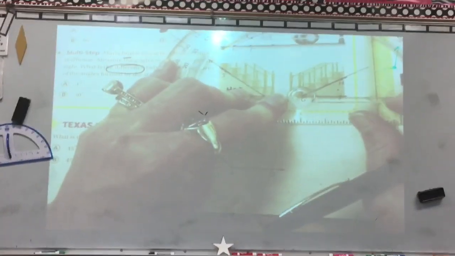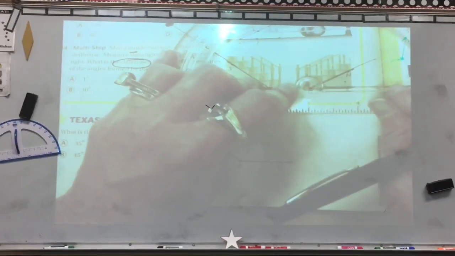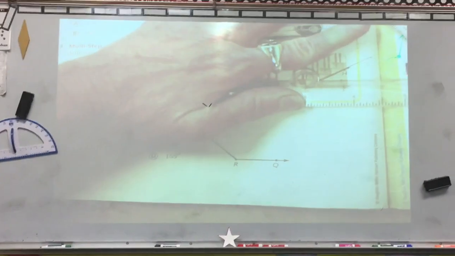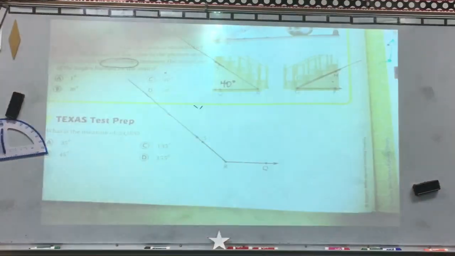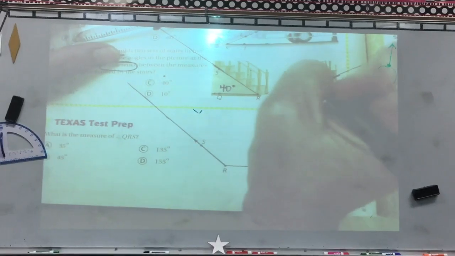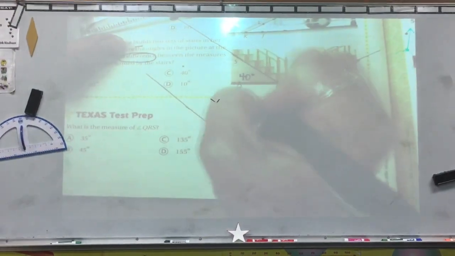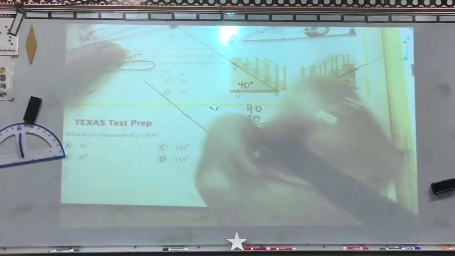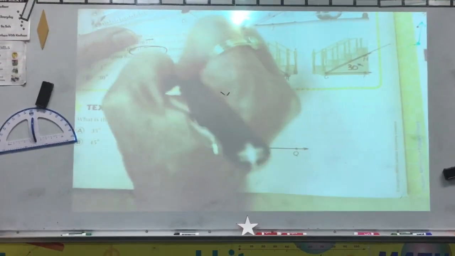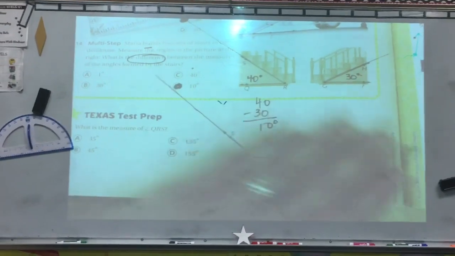Measure the angle of HGI, and I get approximately 30 degrees. It's hard for your protractor to fit in this book sometimes. 40 minus 30 is D, 10 degrees.